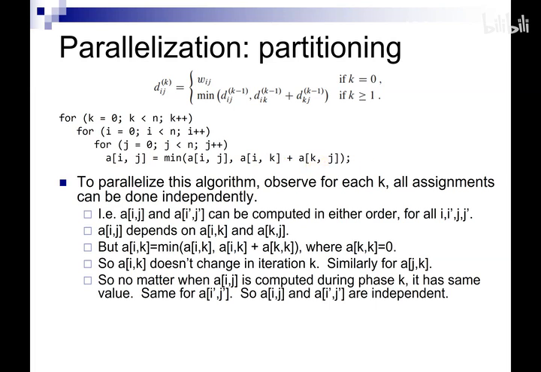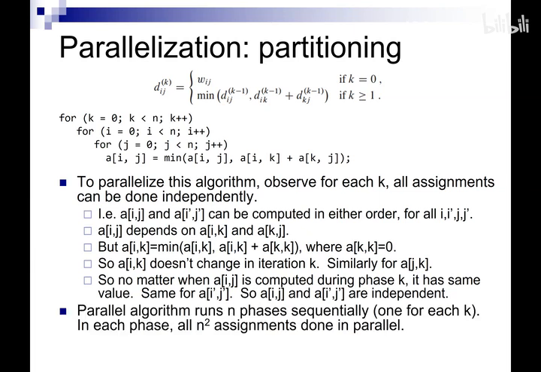Likewise, whenever you compute a i prime j prime, you also always get the same value because you have a i prime k, which never changes, and a k j prime, which also never changes. So what that's saying is that you can compute aij and a i prime j prime anytime within the kth iteration, and you always get the same value. Therefore there is no dependency between aij and a i prime j prime. You can compute them in any order that you want.